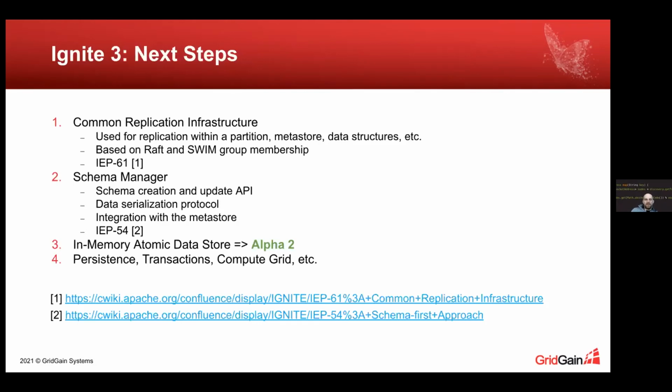Again, this is one of the cornerstones of Ignite 3, because the way Ignite 2.x works with schemas is painful. It's one of the biggest usability issues that we have. Caches are historically schemaless, because they were used just as caches, as key-value storages where you can put essentially anything. We also have SQL on top of caches, which introduces the SQL schema, which you can manually create and update.